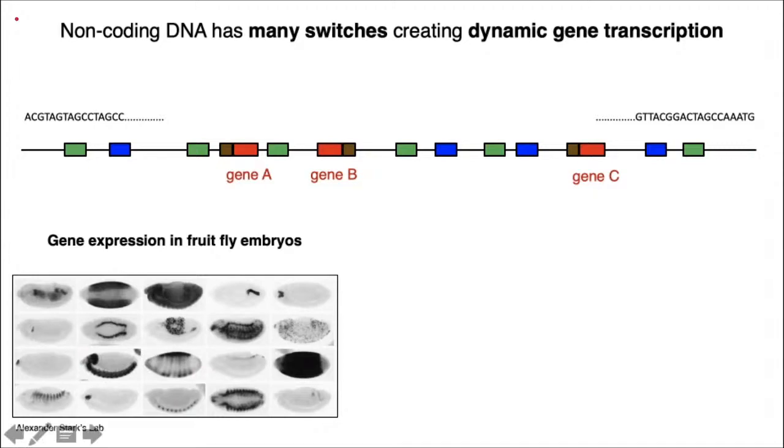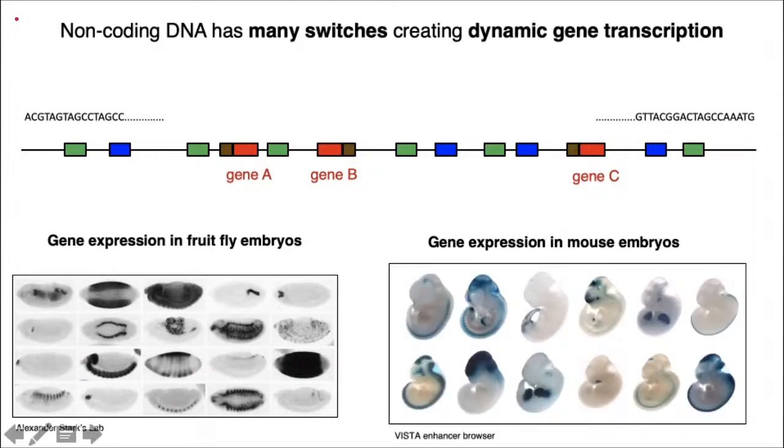Each of these American football shapes is a single fruit fly embryo, and in dark is where a single enhancer is active. You can really see a lot of nice and beautiful patterns. But in some cases, it's actually very simple, you just have it in a few cells. And that's the same for mouse embryos. So this is a feature present in all animal species, really.